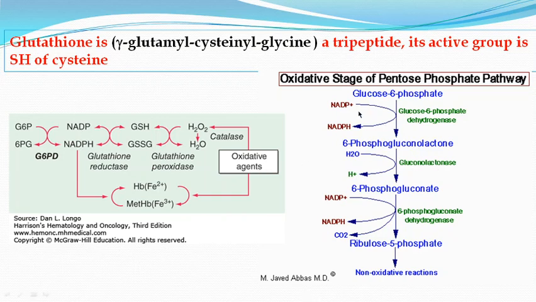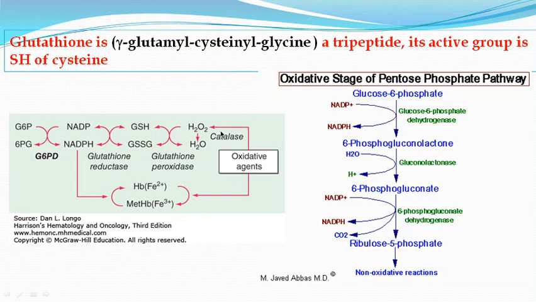The source is the HMP pathway, by means of the glucose 6-phosphate dehydrogenase. If glucose 6-phosphate dehydrogenase becomes deficient, there will be no source of reduced coenzyme 2 for glutathione reductase to act, so glutathione will remain in the oxidized form, hydrogen peroxide will not be eliminated from the red blood cells, and hemolysis will occur.